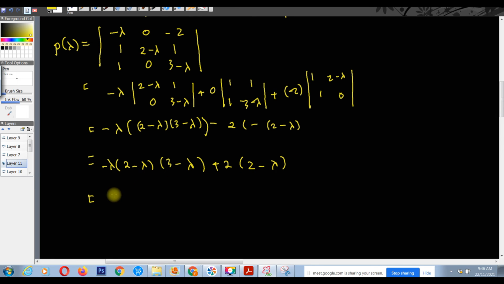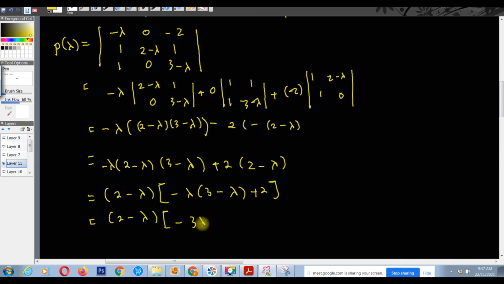Factor out 2 minus lambda, you will be left with negative lambda, 3 minus lambda, plus 2.